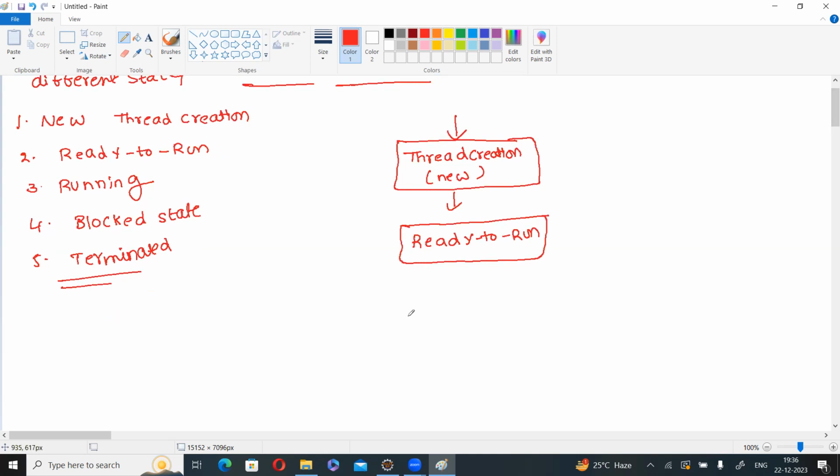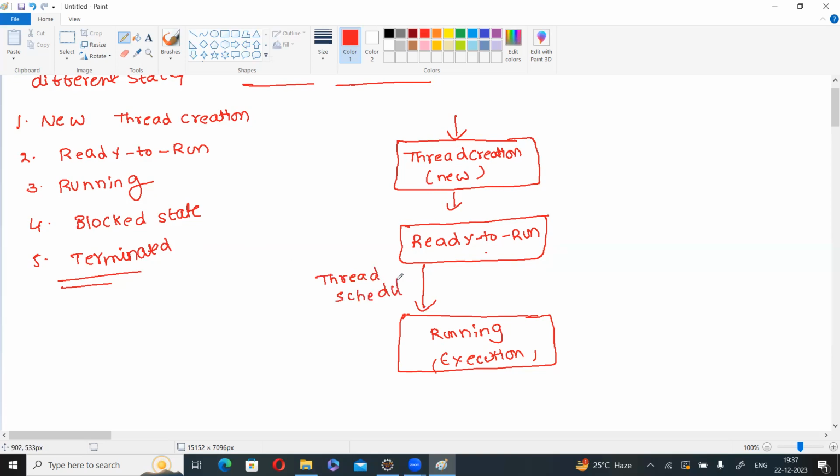Third one is running state. Running state in the sense execution. Here, multiple threads are available in the ready to run state. From these multiple threads, we have one thread scheduler. What does the thread scheduler do?